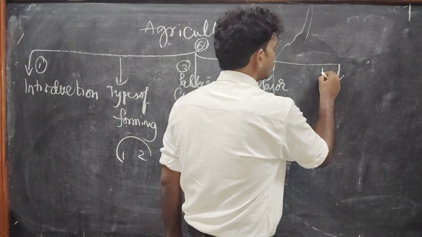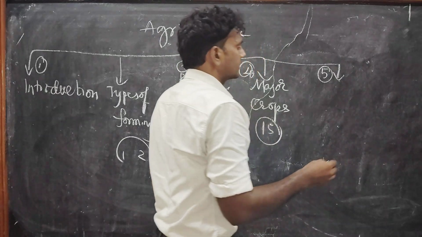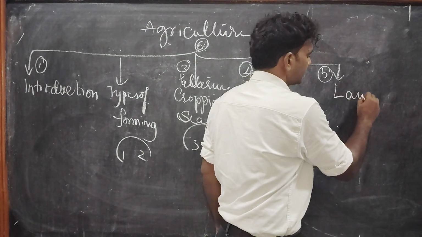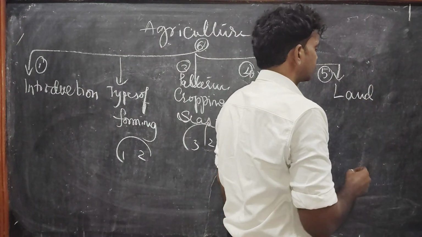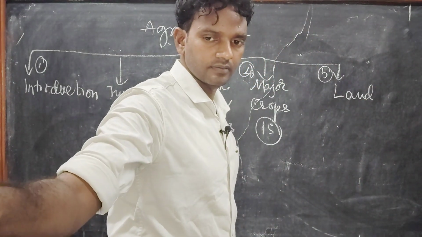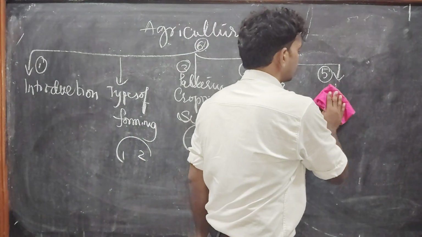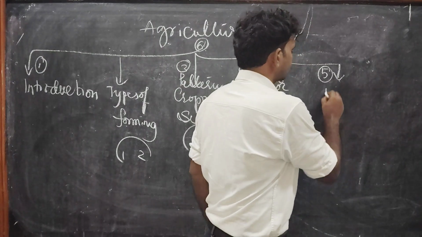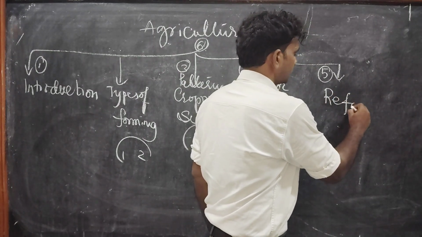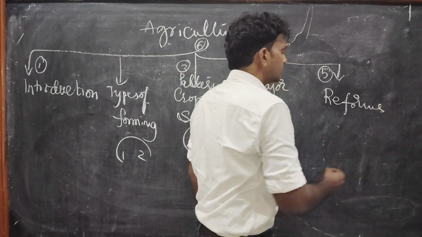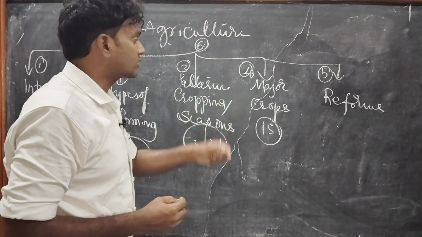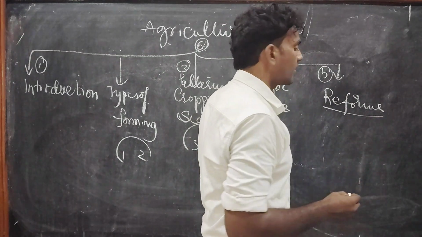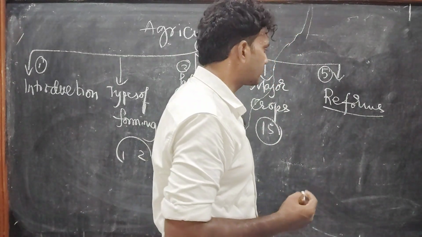Coming to the fifth one, that is about land reforms. In this reforms, it is the last topic. It is a very important topic also. In this reforms, we need to discuss 3 important subtopics.